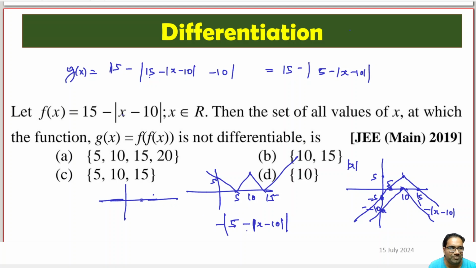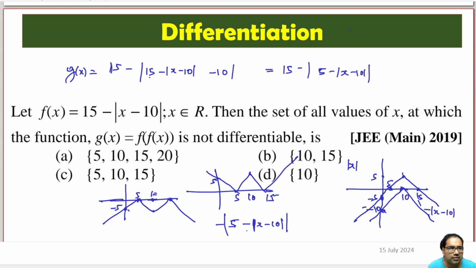So again flipping. This is 5, this is 10, and this is 15, right? So this line flipping will become this. This is minus 5, and this line when flipping will become like this, then like this, then like this.